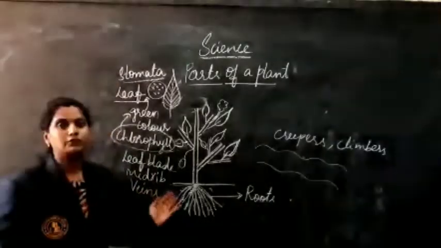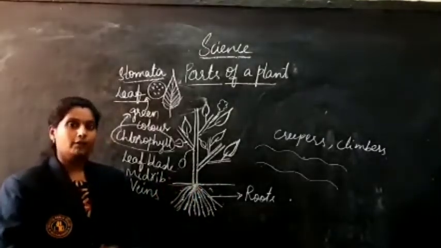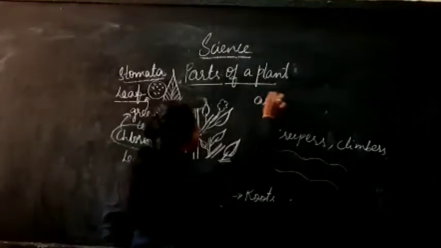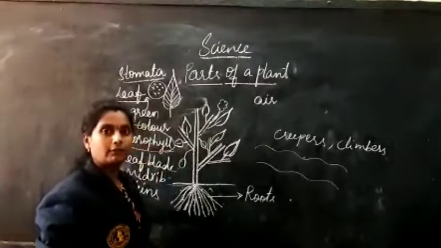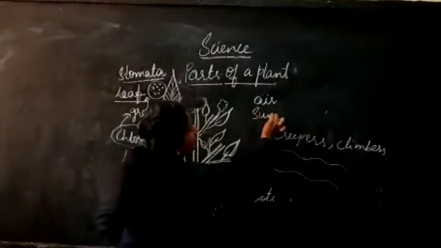But for the plants, what is required to prepare the food so that they are able to survive? First, plants require air. Second is sunlight.